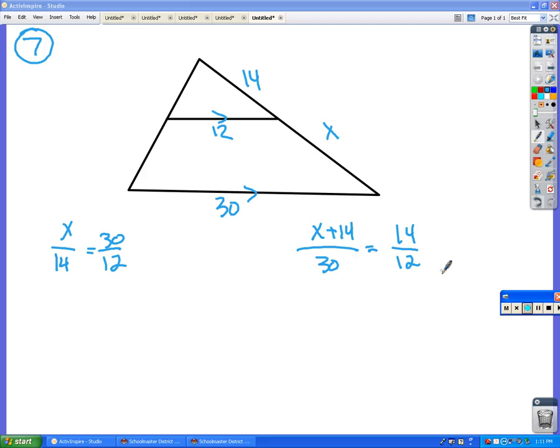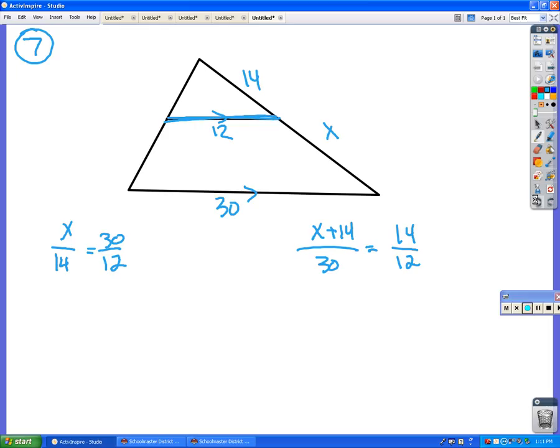Yeah, this is one of those situations where since this is an entire side of a triangle, I have to compare that to entire sides of triangles, and unfortunately x, that segment right there, is not a complete side of the triangle, so I can't use it in that kind of proportion.